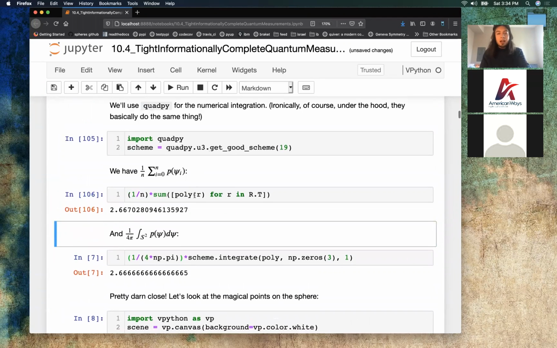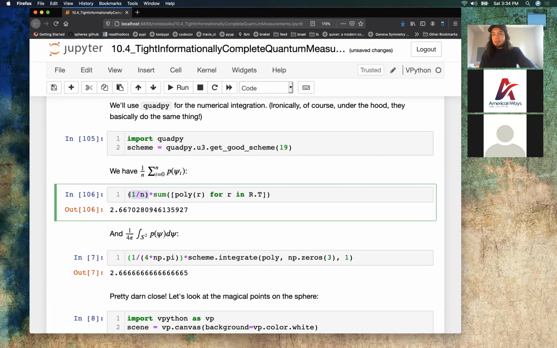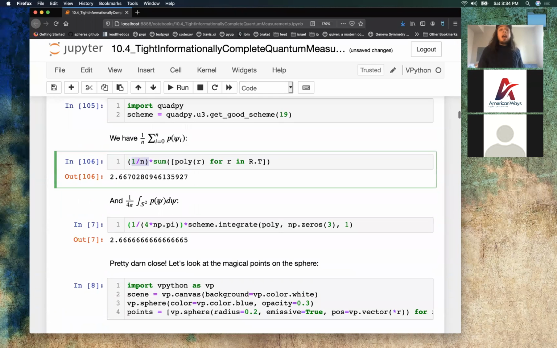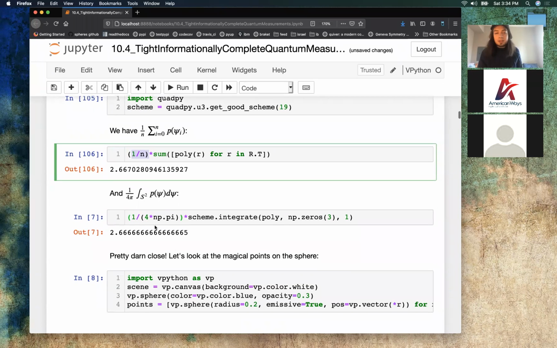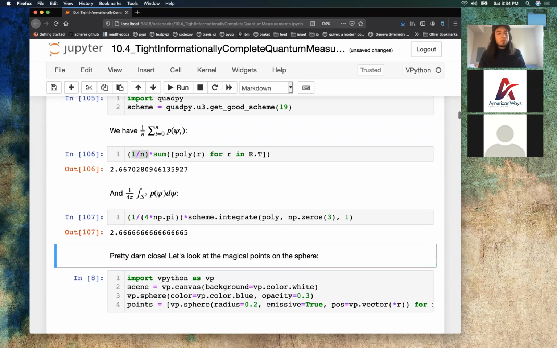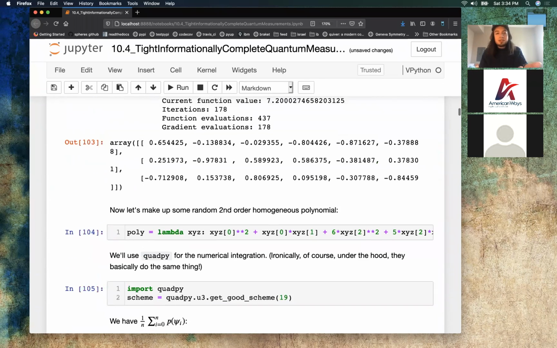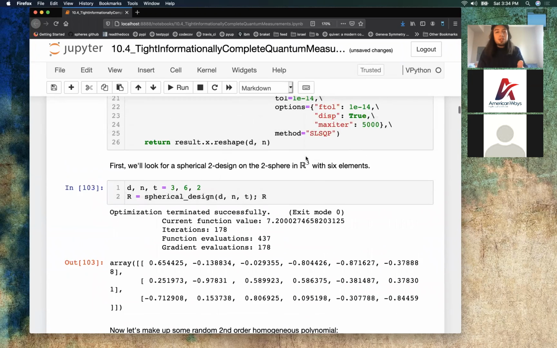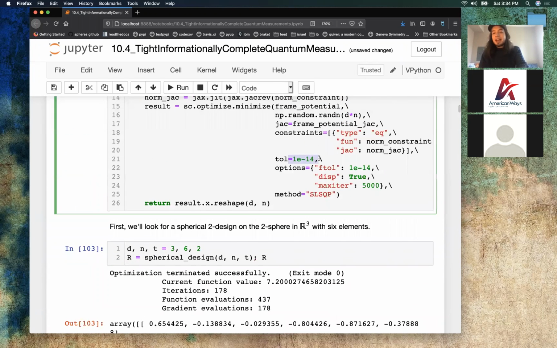We evaluate the polynomial at each of the design vectors, and then divide by the number of design vectors. We get this number. And then we can integrate that same polynomial over the 2 sphere, divide by 4 pi, the surface area. And we get the same number-ish up to numerical error. We could try to push this further. Here's the error tolerance.